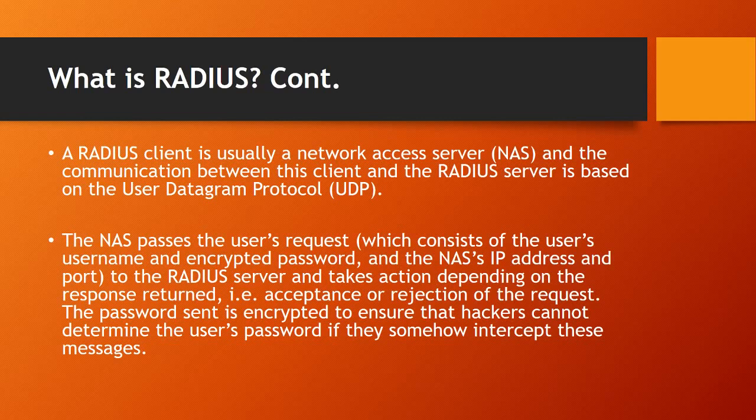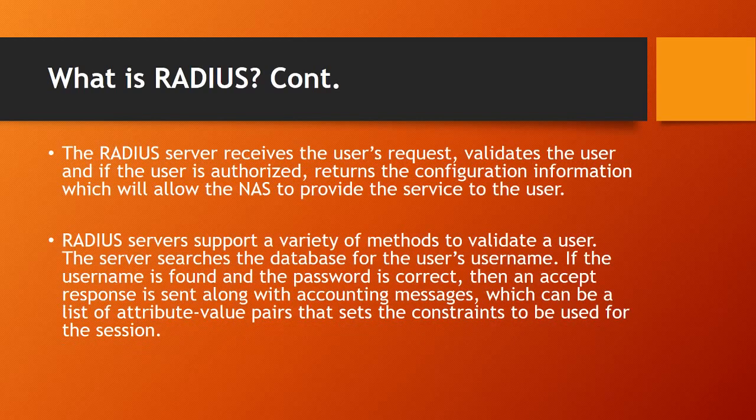The password sent is encrypted to ensure that hackers cannot determine the user's password if they somehow intercept these messages. The RADIUS server receives the user's request, validates the user, and if the user is authorized, returns the configuration information which will allow the NAS to provide the service to the user.